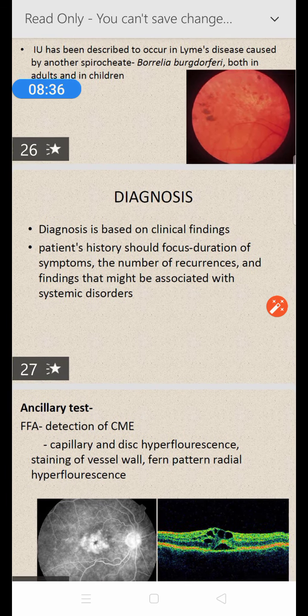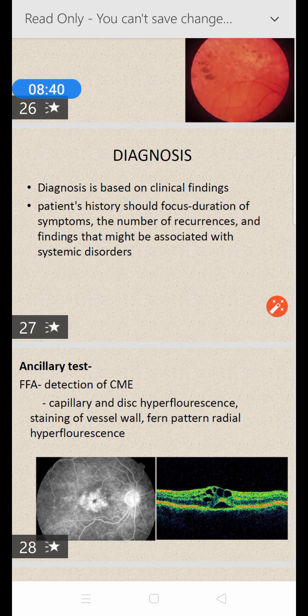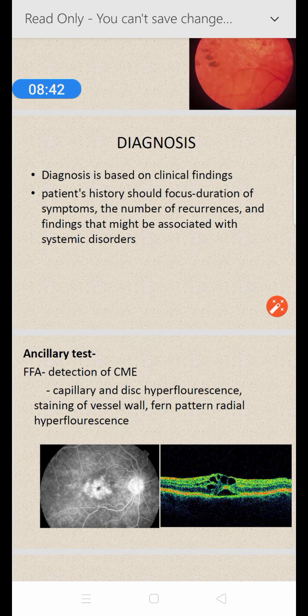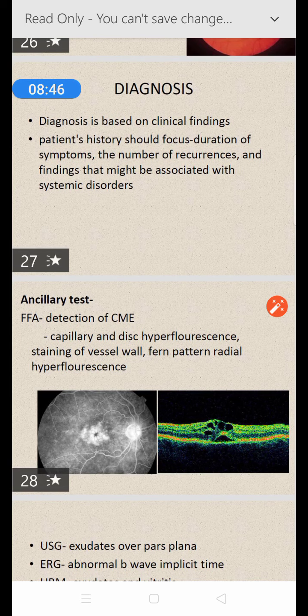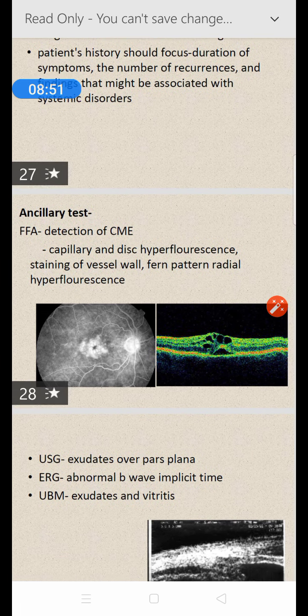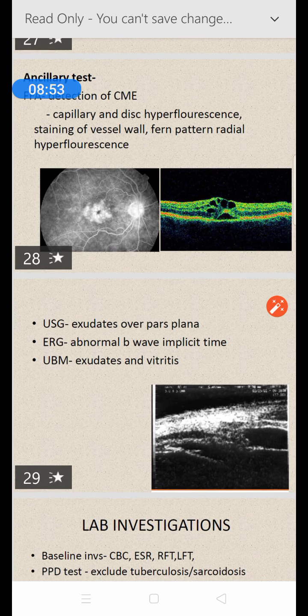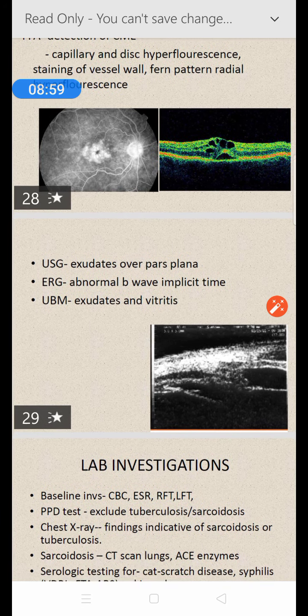Along with the clinical presentation and history, ancillary tests play a very important role, like fundus fluorescein angiography, ultrasonography, ERG, UBM. These will give the complications correlating with the associated intermediate uveitis.